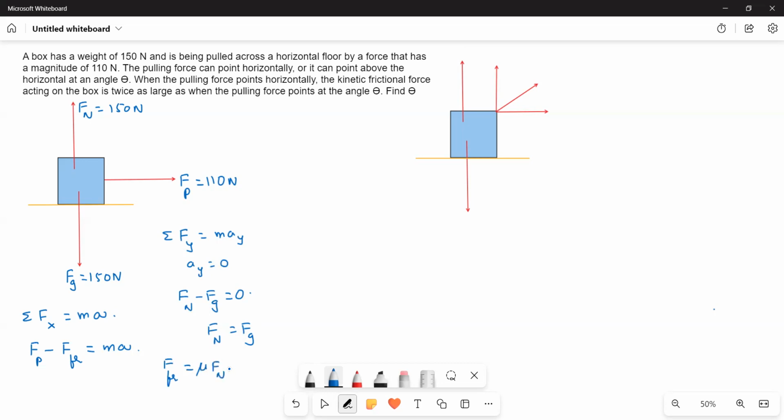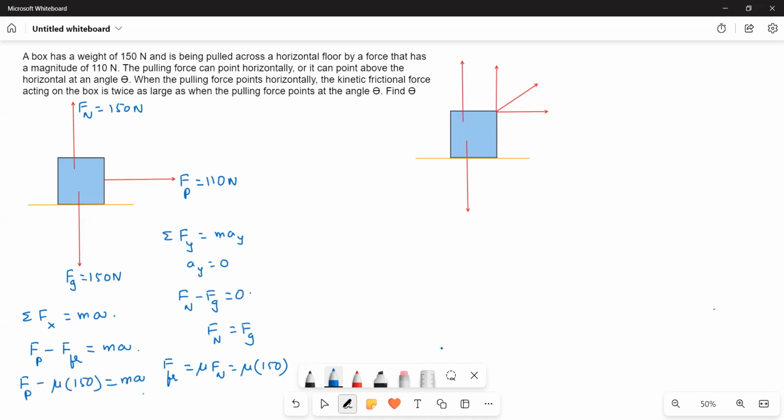So this is equal to mu times Fg, which is 150. I will write 150 so that there won't be any confusion. So here, Fp minus F friction is mu times 150, which is equal to ma.